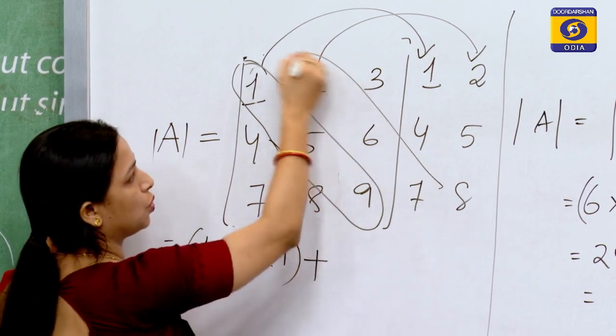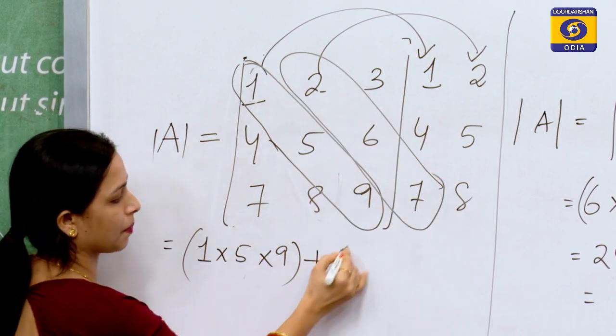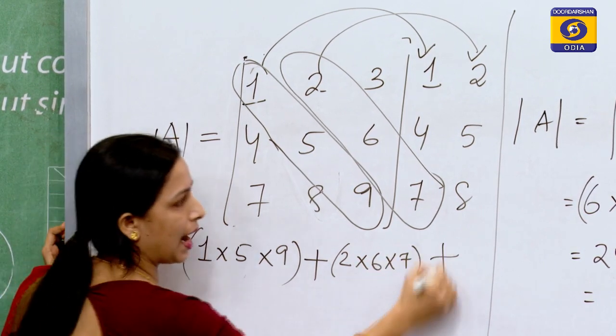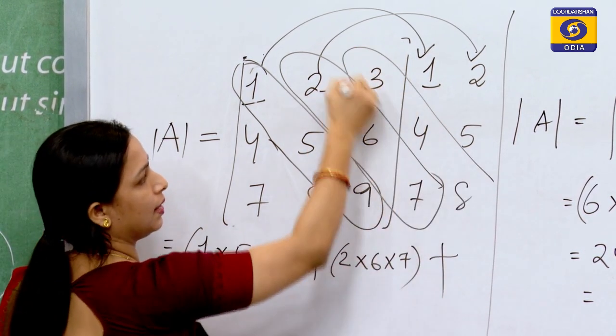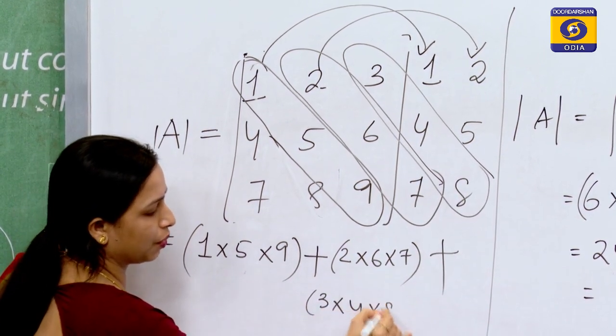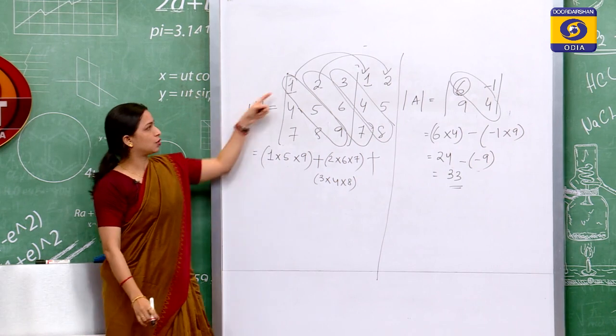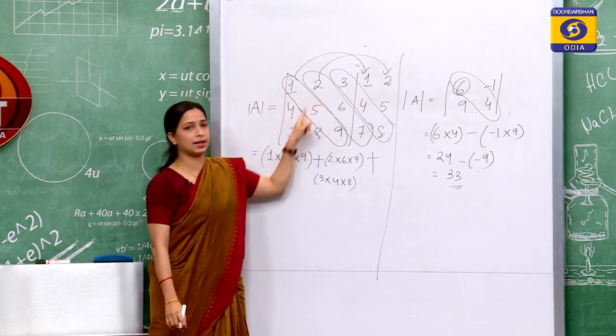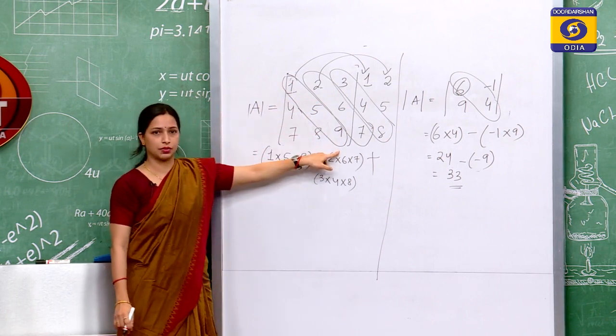So, that is 2, 6, 7, 2 into 6 into 7, then add it to the next parallel diagonal, that is 3 into 4 into 8, right. So, we took the product of the 3 parallel diagonals going downwards, right.